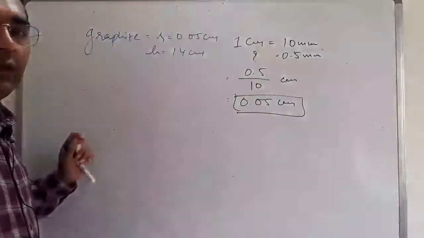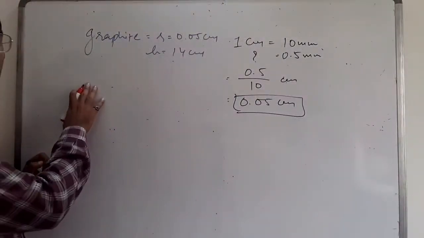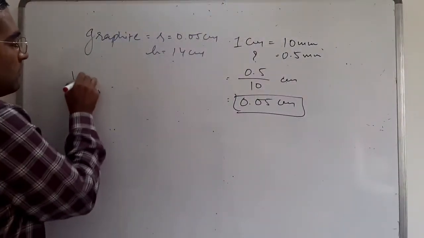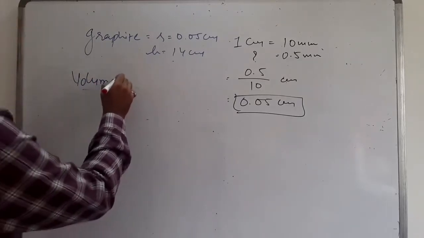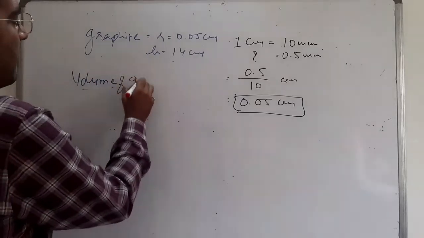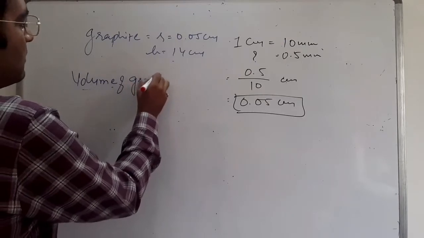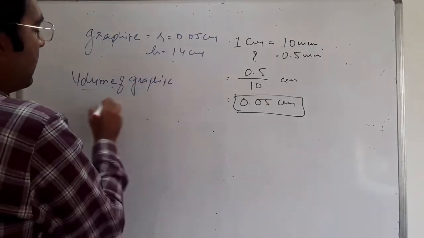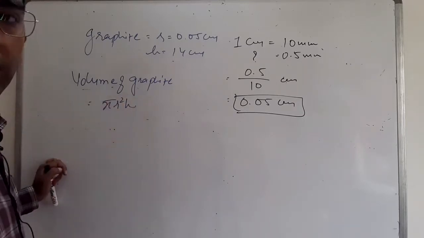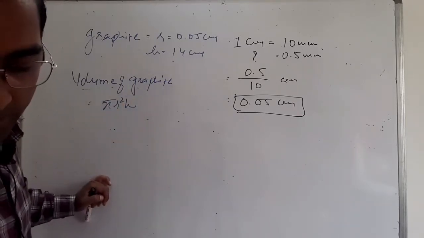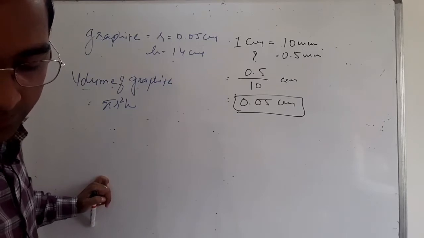So I have to find the volume of this graphite. So volume of graphite is pi r square h.